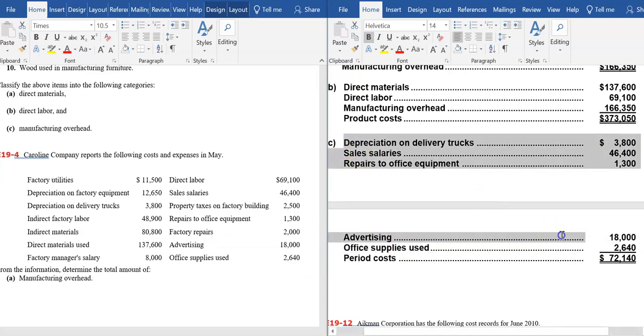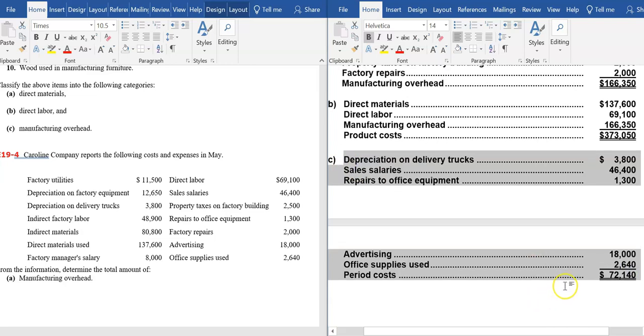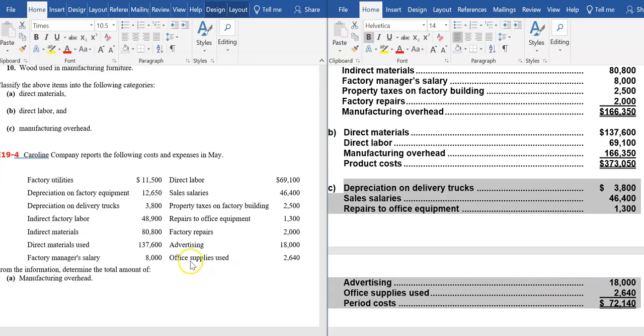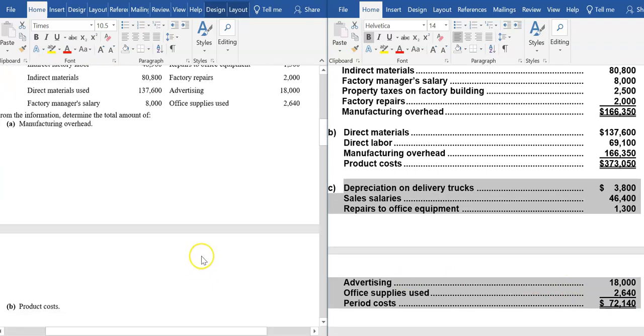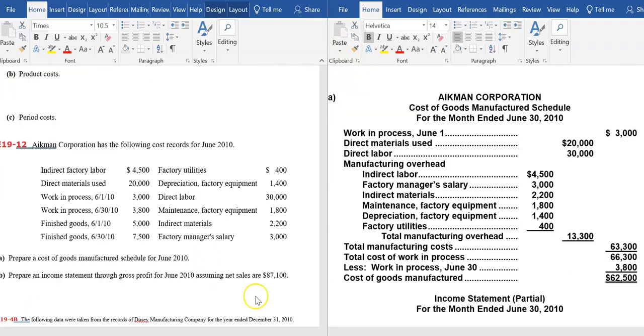The total period costs are $72,140. Hopefully that makes sense. Let's move on to the next problem.